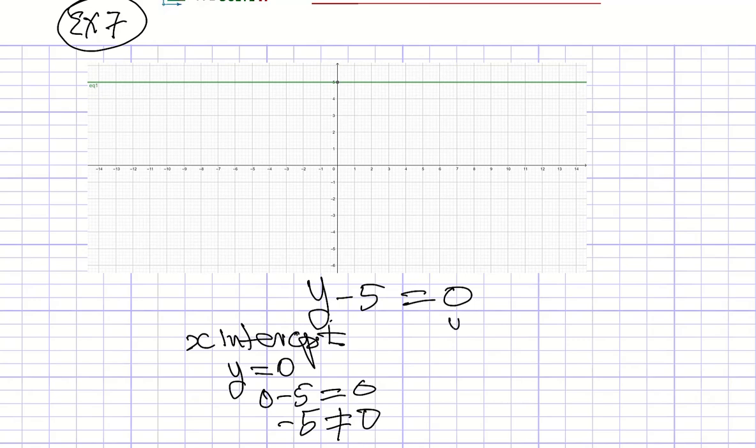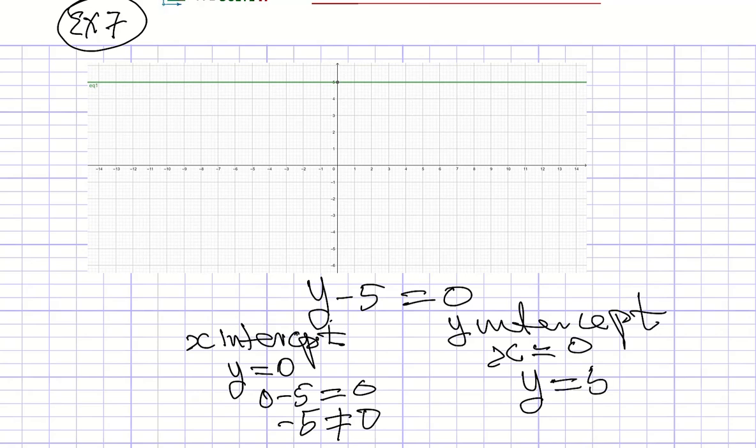And then you look for the y-intercept. For the y-intercept, you set x equal to 0. Again, there is no x in the equation. So you solve, and you get y is equal to 5. So you just draw that line through 5, because the point here is 5. Basically it's (0, 5) right there.